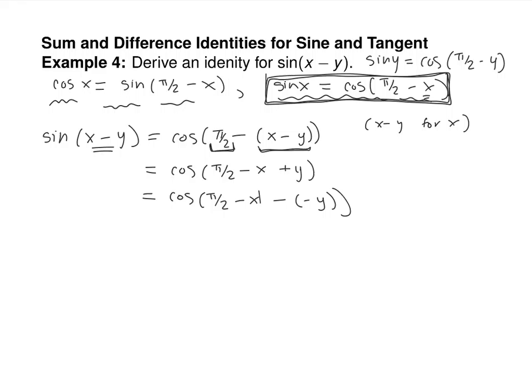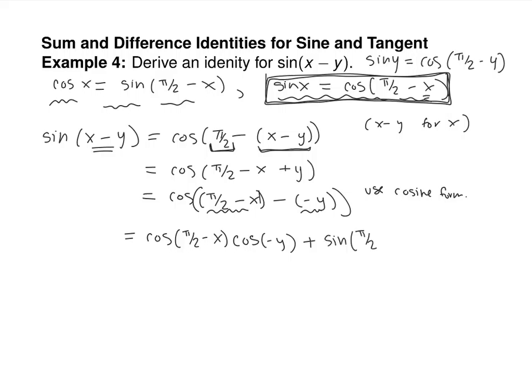So think about those two things as your first thing, this as your second thing. And we're going to use the cosine formula from the previous page. So this will be cosine of first thing times cosine of second thing plus sine of first thing times sine of second thing.